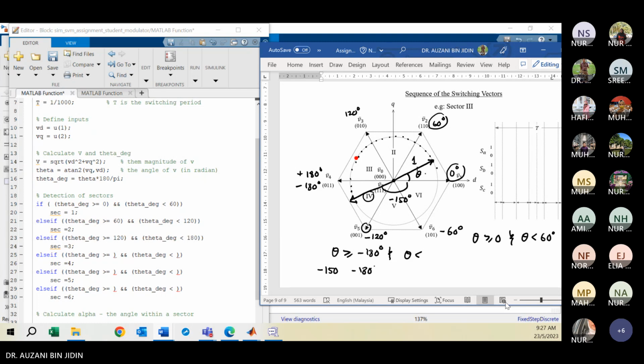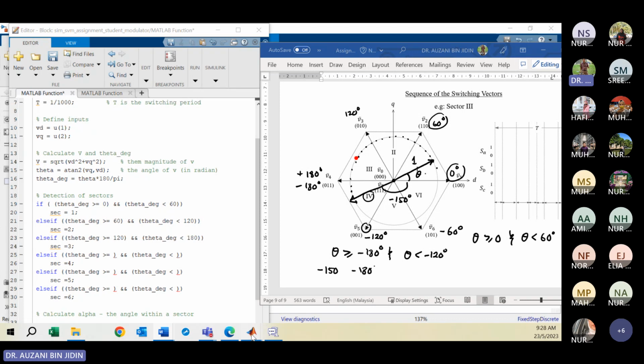Betul? So means this second condition, the angle should be less than minus 120 degrees. So if these two conditions are fulfilled, so means we detect the sector in sector 4. Okay?